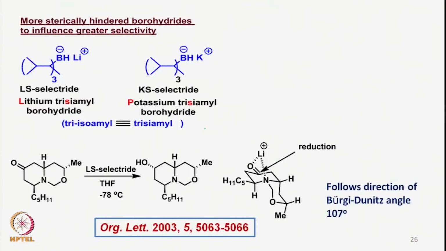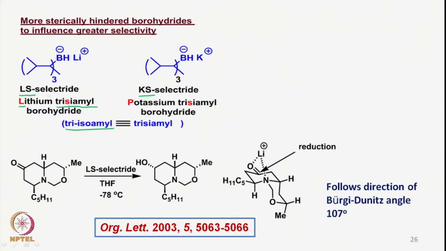Now we look at an even stronger reducing agent where even more steric hindrance has been introduced. For example, this is called LS selectride and this is called KS selectride. L stands for lithium and S stands for the triamyl part, that is the triisoamyl part, in which the letter S has been taken.